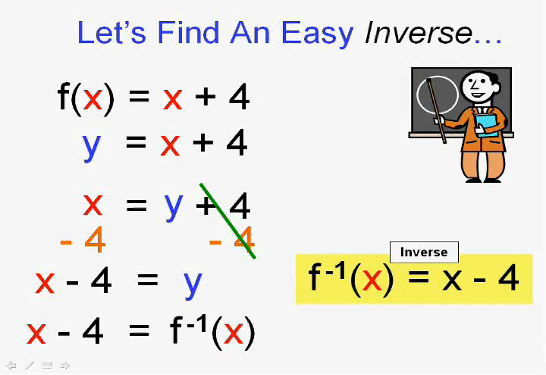Recall that the original function will take any x that you put in, any value for x, and pair it with a new y. We like to say map every x to its own unique y. The inverse function is going to get you back from that y back to x.